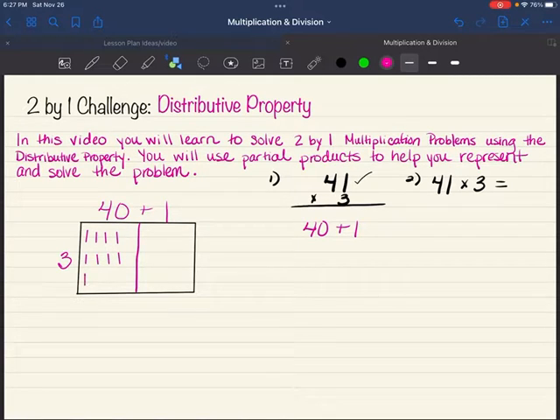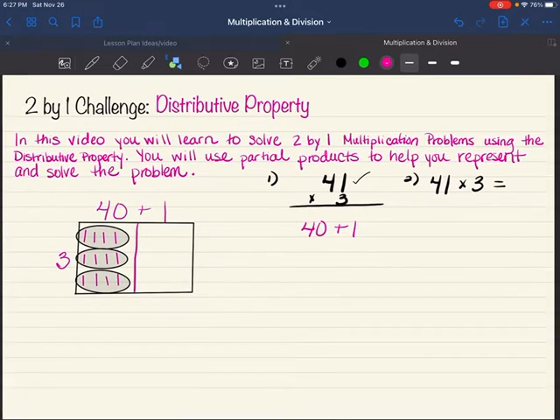The second group. 10, 20, 30, 40. That's the third group. So I now have 3 groups of 40.